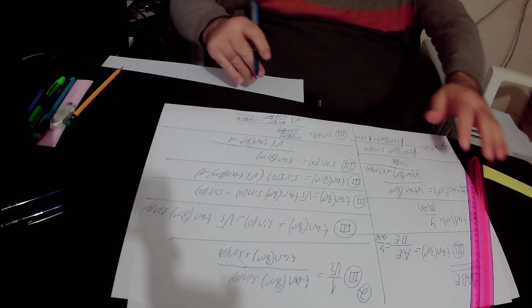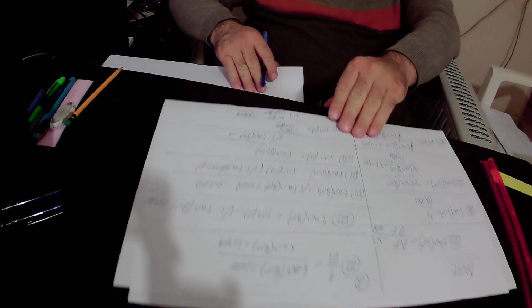And what is left from equation number 3 after we cancelled cosine 80 degrees?